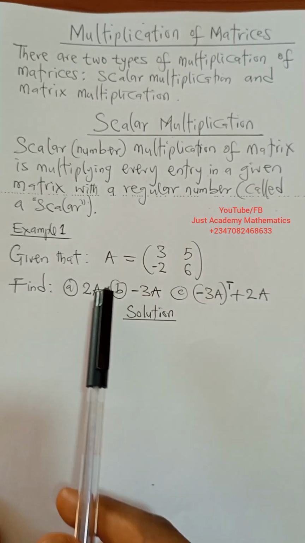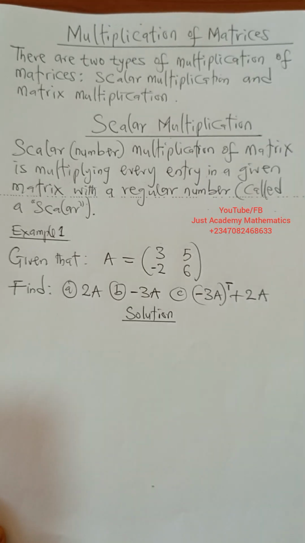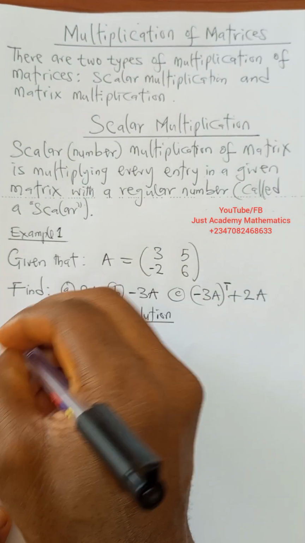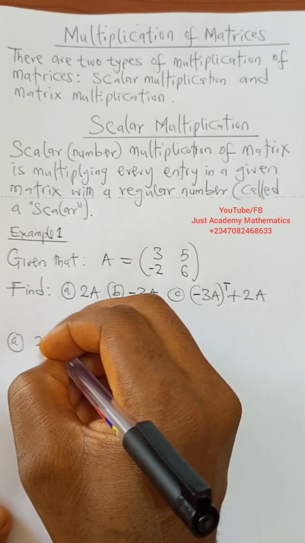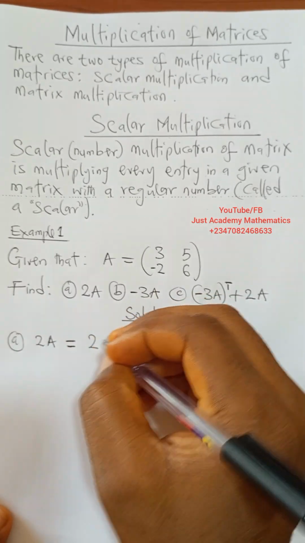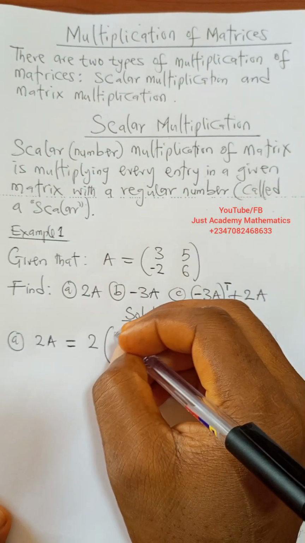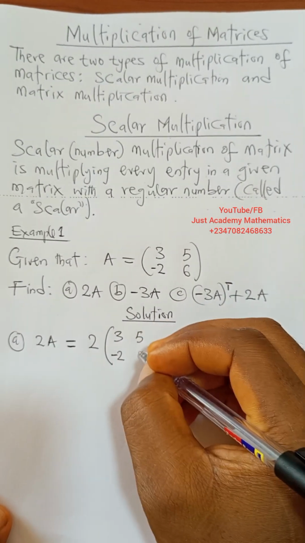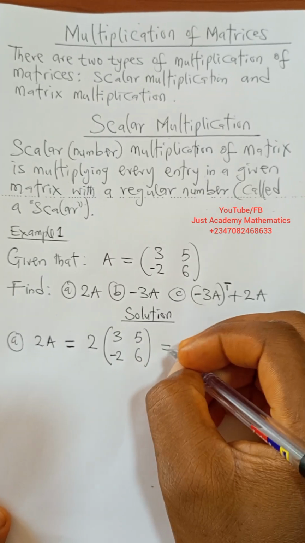So for instance, let's take this example. Now we want to find 2A, that is 2 times matrix A. What is matrix A? 3, minus 2, 5, 6. So what is the answer?